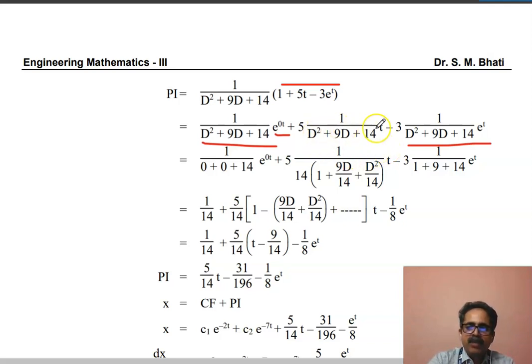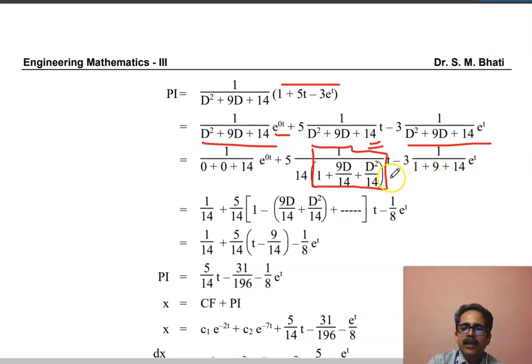Here in phi D we have 3 terms, and among the 3 terms, the 14 has degree 0, 9D has degree 1, and D square has degree 2. So which is the lowest degree term? 14 is the lowest degree term. So take the 14 common. When you take 14 common, you will find this kind of situation. Now you just think of this operator, this quantity.